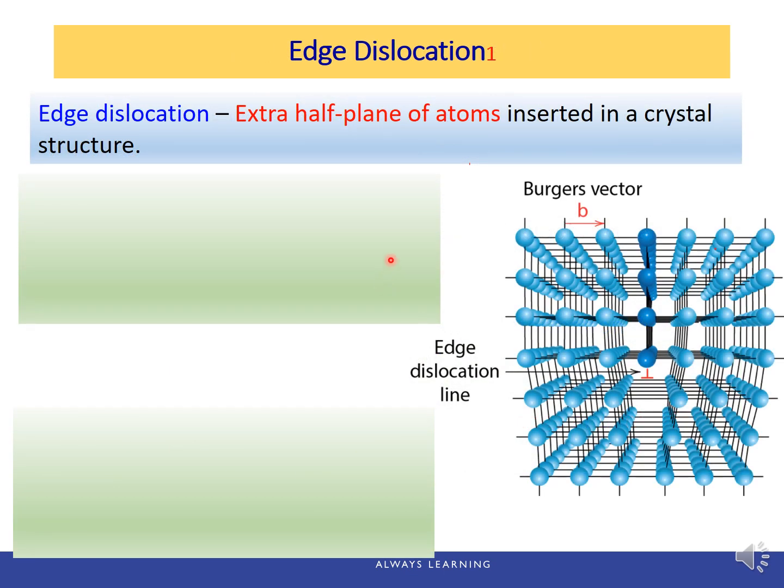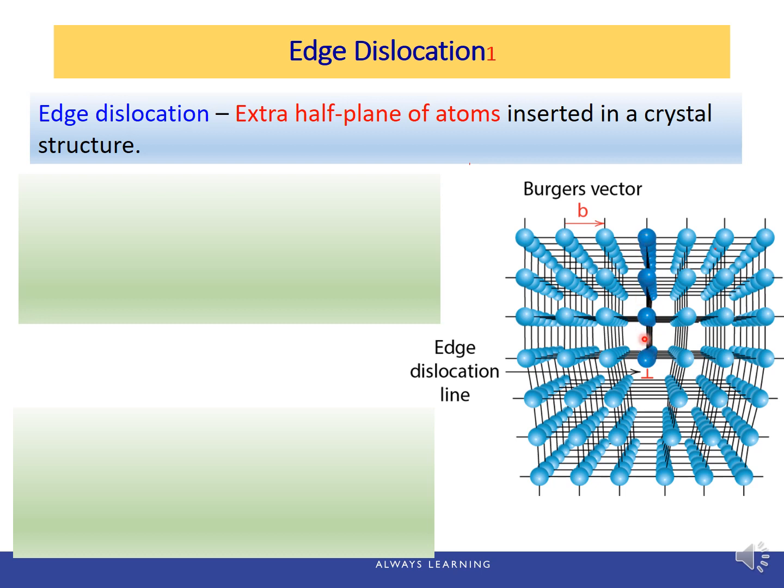An edge dislocation is an extra half plane of atoms inserted in a crystal structure. This half plane terminates, or stops, within the crystal, right here in this case, and this is termed the edge dislocation. It is a linear defect that centers on the line defined along the end of the extra half plane of atoms.